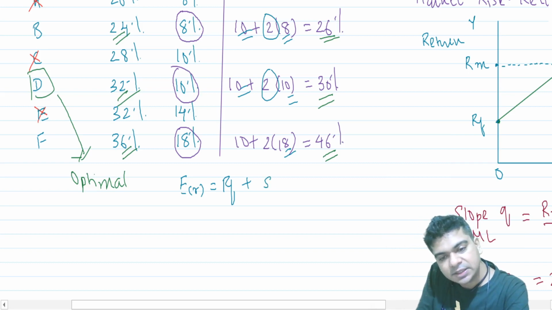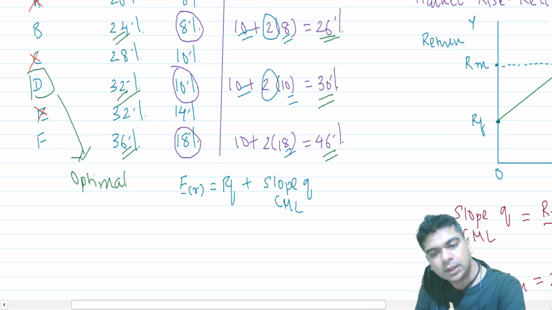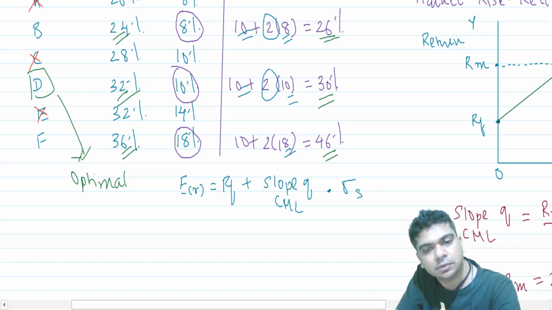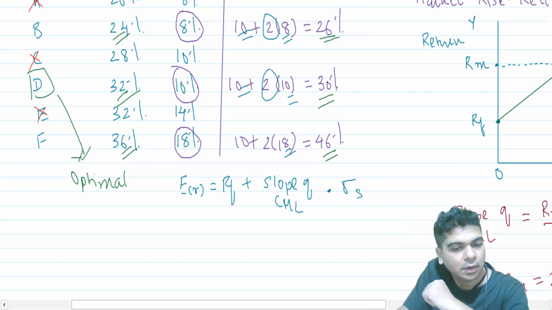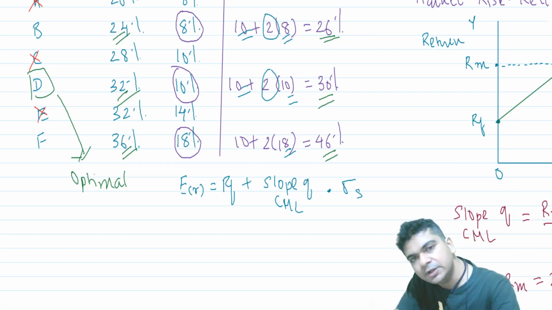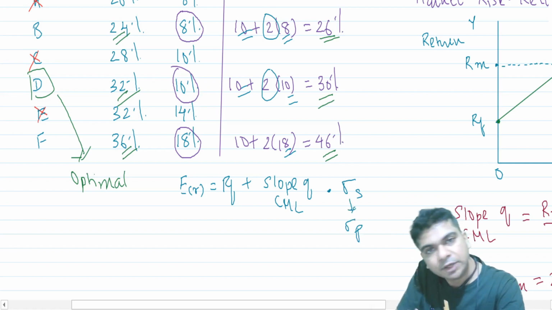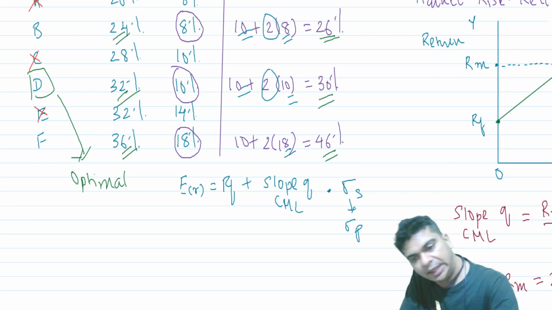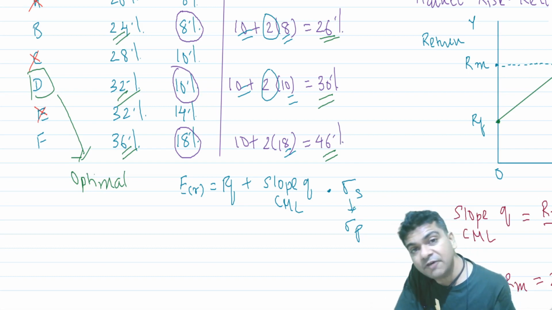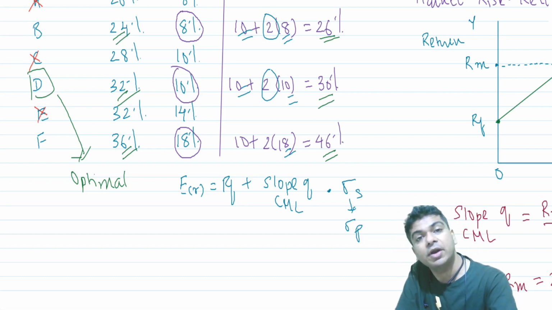So I can say it is RF plus slope of CML into sigma s. In case if portfolio is given, then instead of sigma s, use sigma p, and you will get the return of an efficient security or an efficient portfolio.